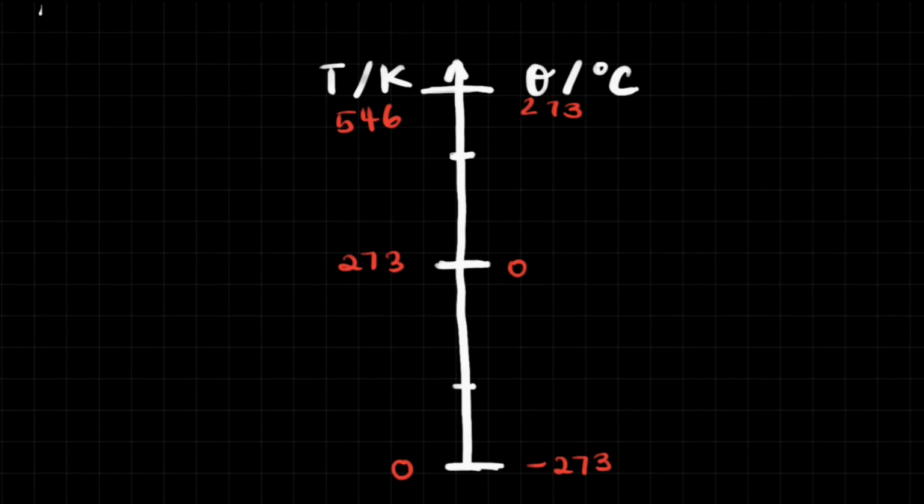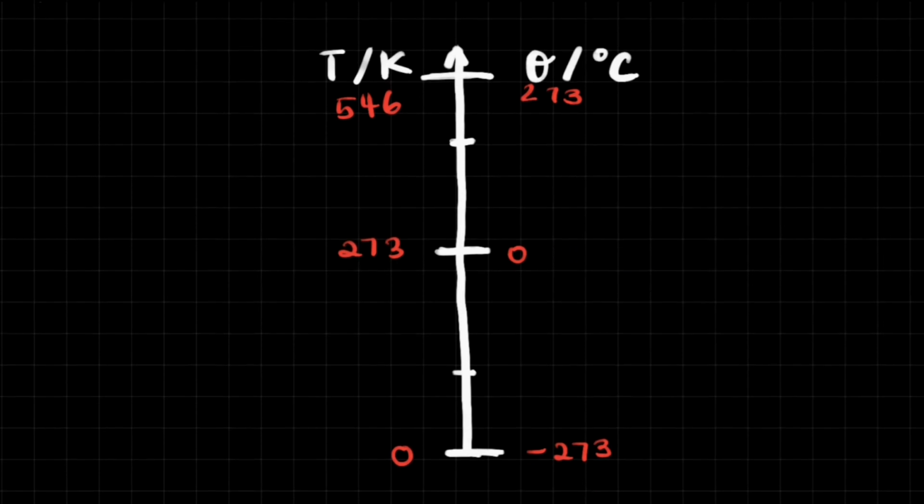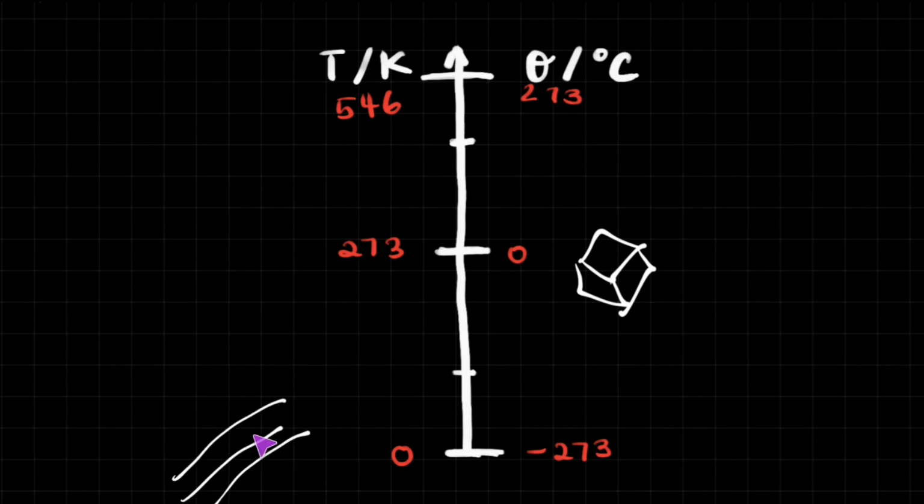So here's an easier depiction of how the thermodynamic scale compares to the Celsius scale. As we've already said before, the freezing point of water, where ice forms, is at 0 degrees Celsius. And when all of the matter stops moving, which is when superconductivity can happen, we call that 0 kelvins.